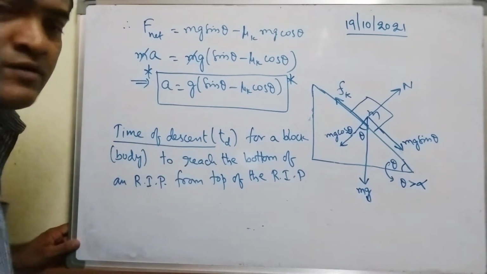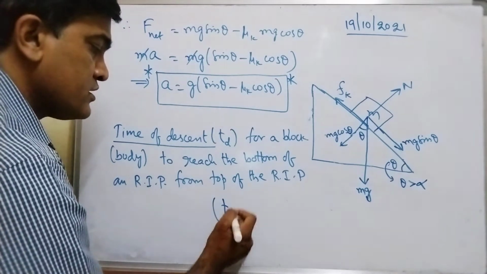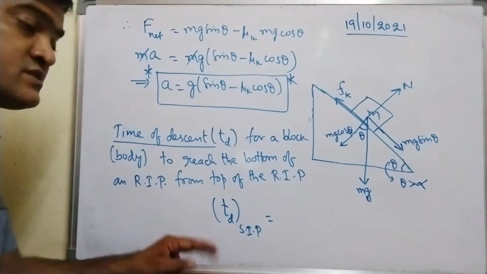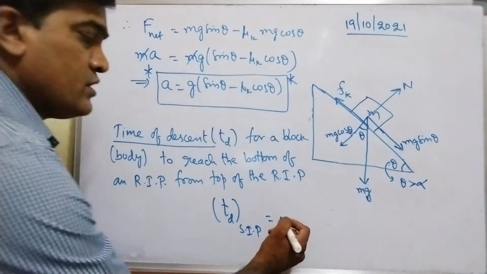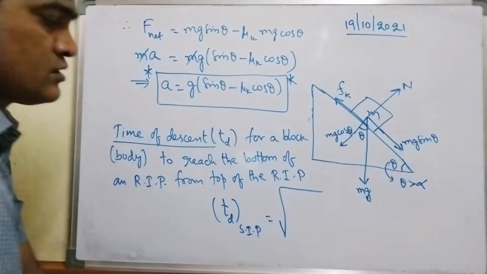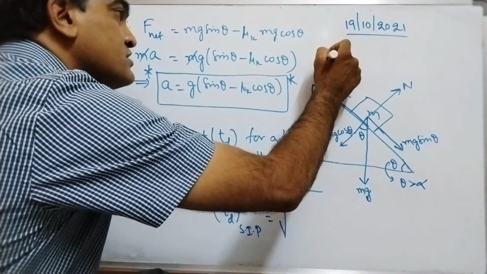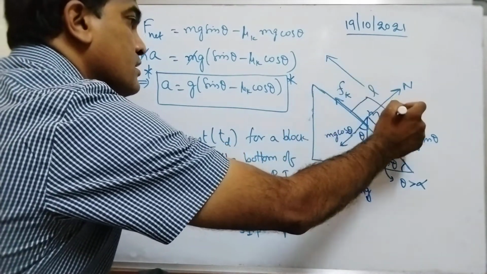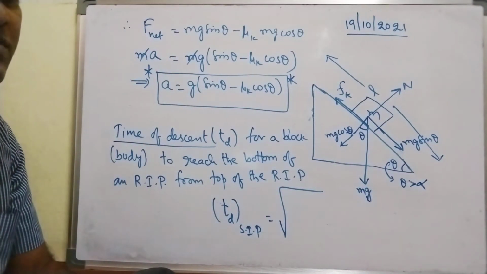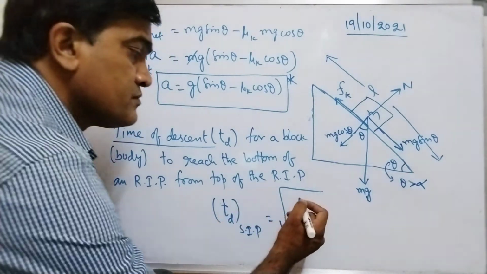Now recall the formula you have written for the time of descent in the case of a smooth inclined plane. If I consider L as the length of the inclined plane, what is the formula I have written for the time of descent?